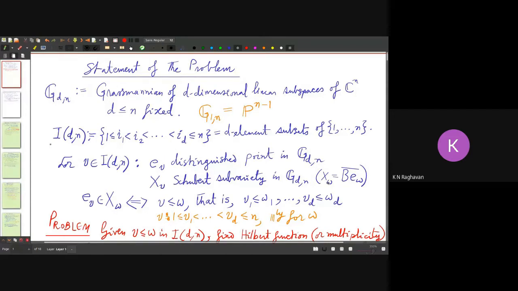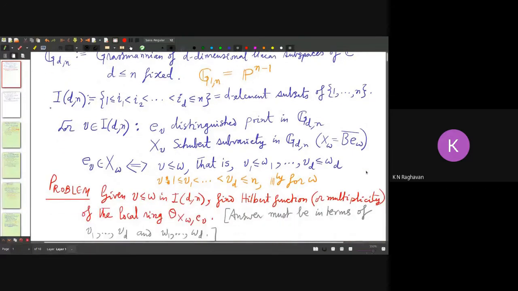I should have written X_W equal to the closure of B E_W. Let's also note that E_V, the distinguished point for V, belongs to the Schubert variety corresponding to W if and only if V is less than or equal to W.